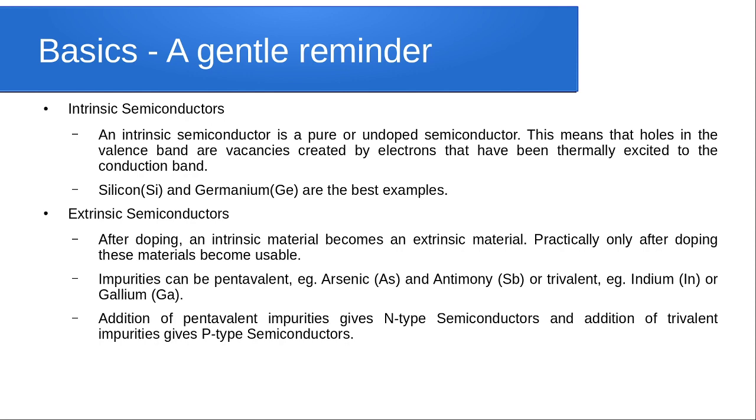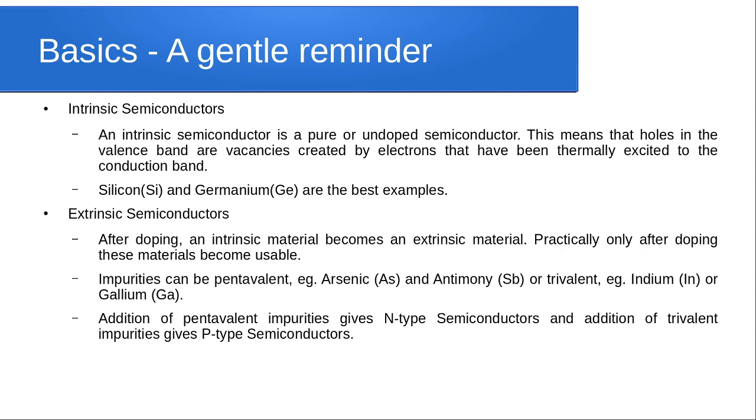Pentavalent means there are 5 electrons in the outer orbit. So when that impurity is added to the pure form of semiconductor, the intrinsic semiconductor, which has only 4 electrons in its outer orbit, one electron will be left free, which can easily act as a free electron and contribute towards the conduction.